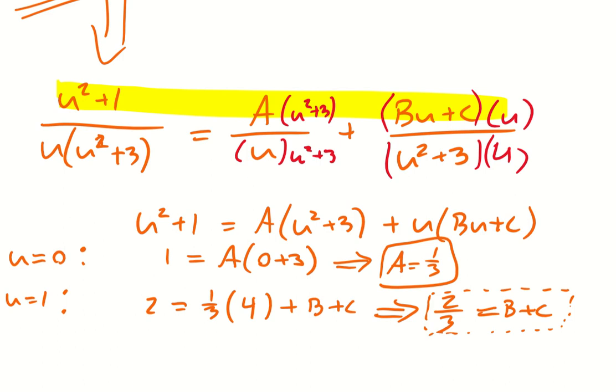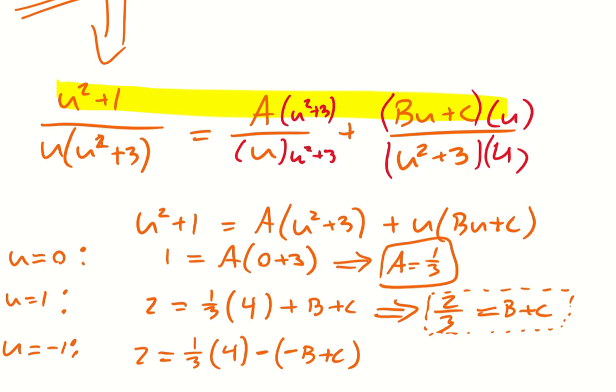So here is a simplified equation, and we'll say u is equal to minus 1. Let's try that. So the left-hand side is still 2, and well, first off, we have 1 over 3 times minus 1 squared plus 3, so that's just 4. And then we have a minus 1 for u, and then minus B plus C, right?